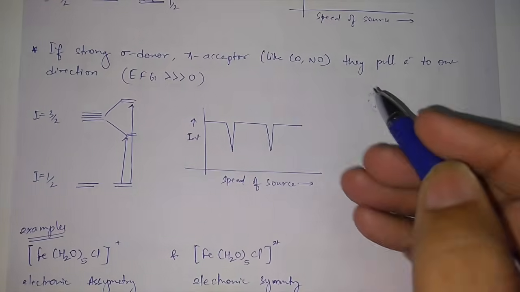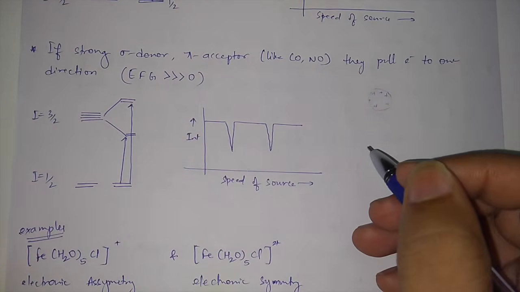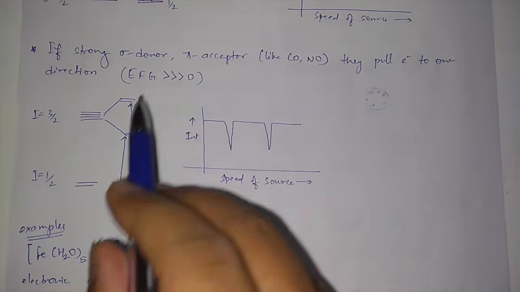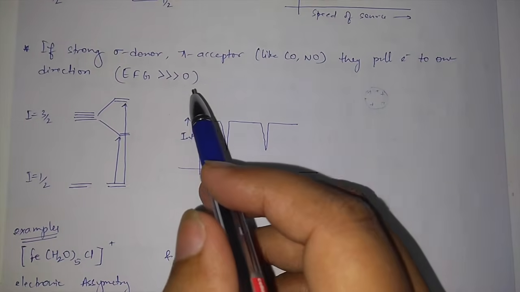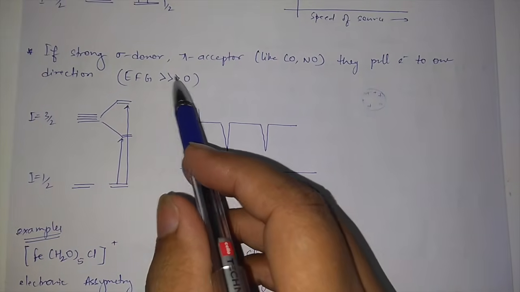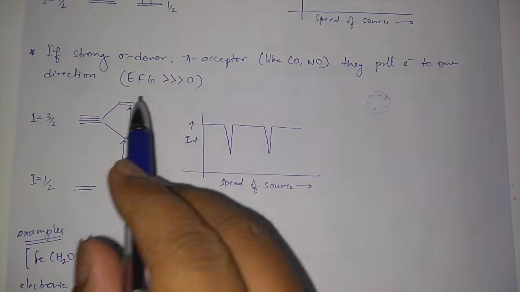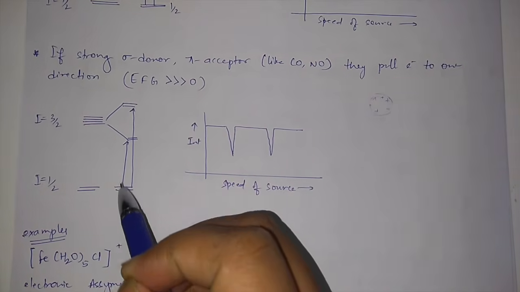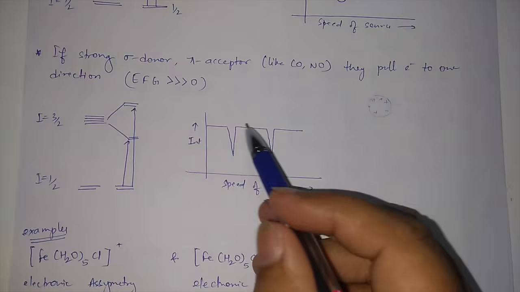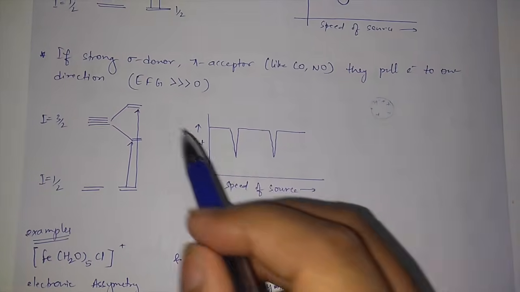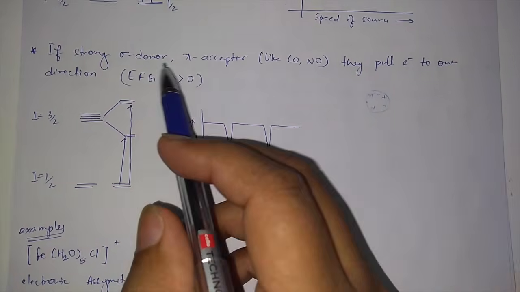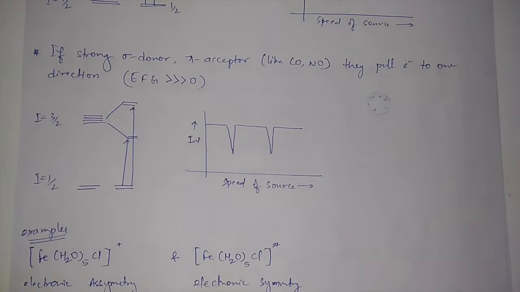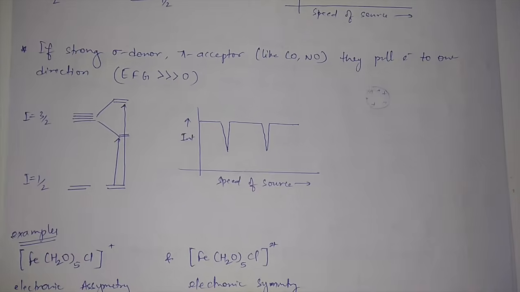They will be unsymmetrically arranged due to the electron pull by these sigma donor and pi acceptor ligands. So in that case the electric field gradient will be way more than zero, very high, and the I value will split into two, and over here you will get two peaks. So these two peaks are there just because of your strong sigma donor and pi acceptor ligands. So these are certain different cases in which you will get different types of peaks.